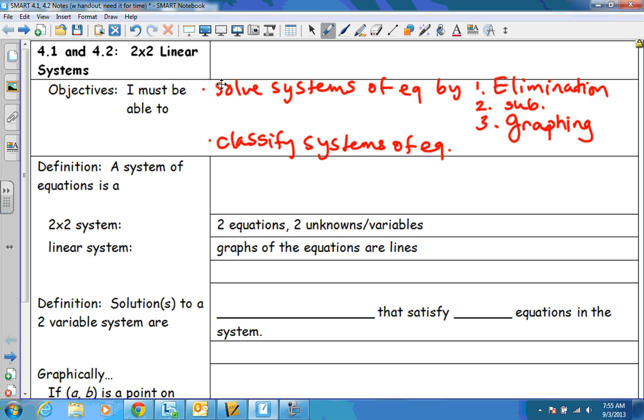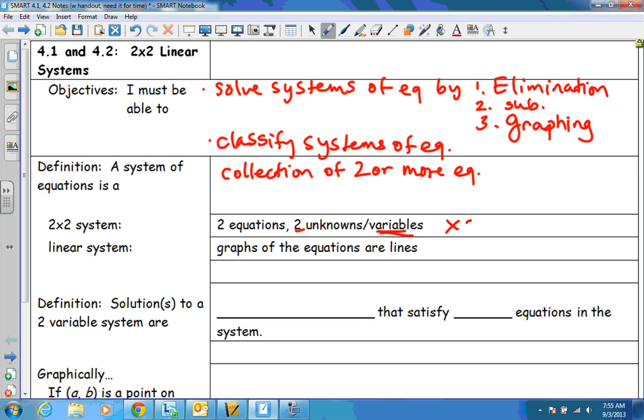A system of equations is a collection of two or more equations. Today we're going to be dealing with the two. So in our 2x2 system, we have two equations, two unknowns, or two different variables.